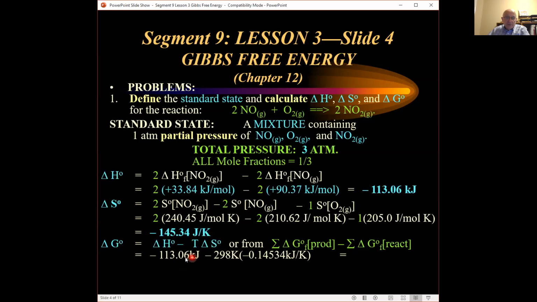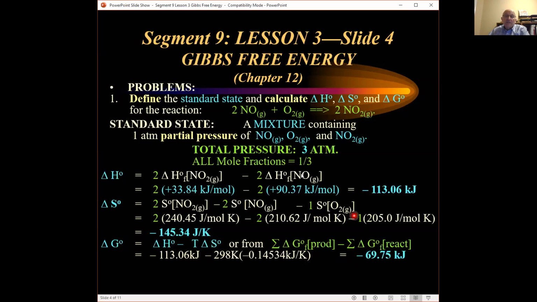Remember that delta H and delta G are in kilojoules, whereas entropy was given in joules per mole. So I had to convert the 145.34 to 0.14534 kilojoules. And then I can do the math. If you do that, you get minus 69.75. And we would have to decide whether that's spontaneous to see if that sign makes sense.